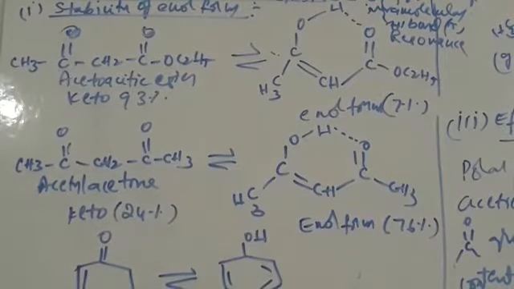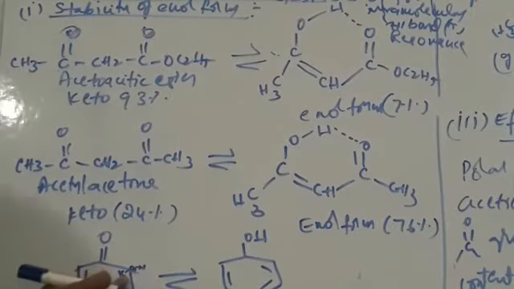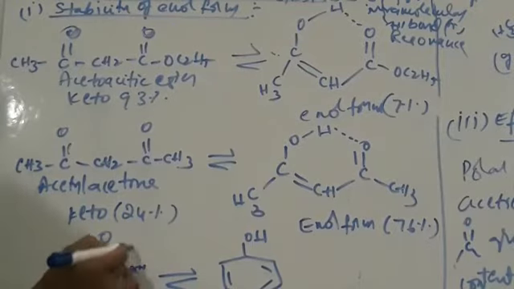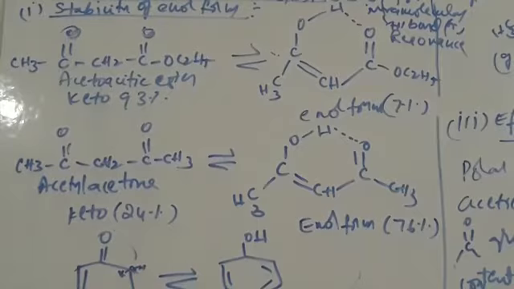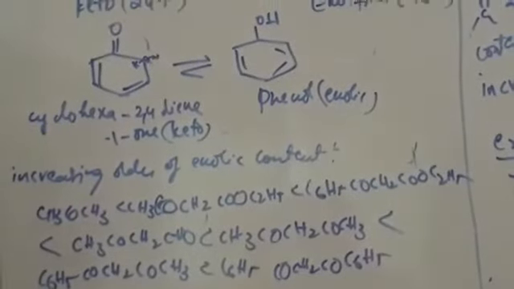Here also, due to 1,3 migration of hydrogen, the CH2 group's hydrogen from the first carbon migrates to the third atom. We get the enol form and form a new compound called phenol. So this is 100% enolic form.